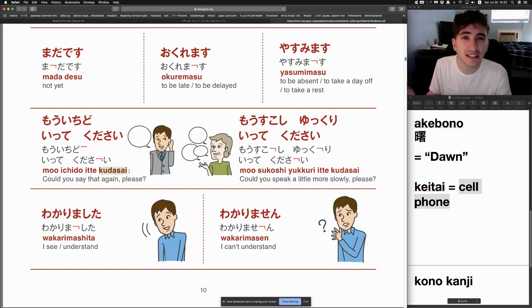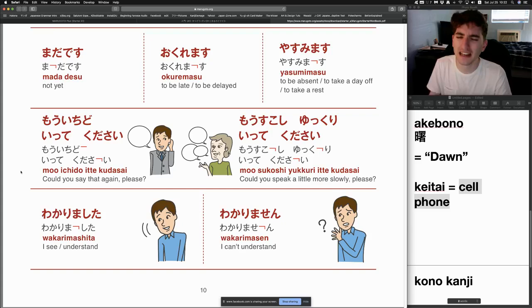Could you please say, 言って in this case means say. One time is 一度. More in this case means more. More one time, say please. It's literally the opposite of English. Could you say one more time, please?